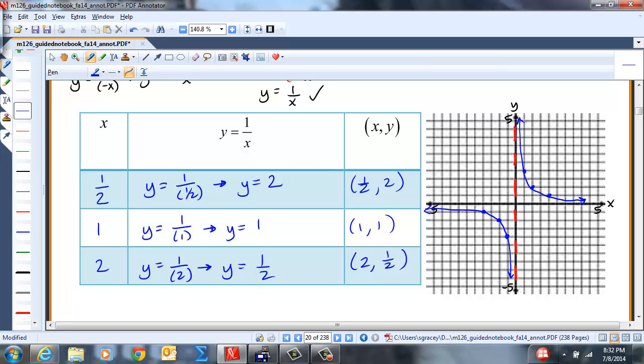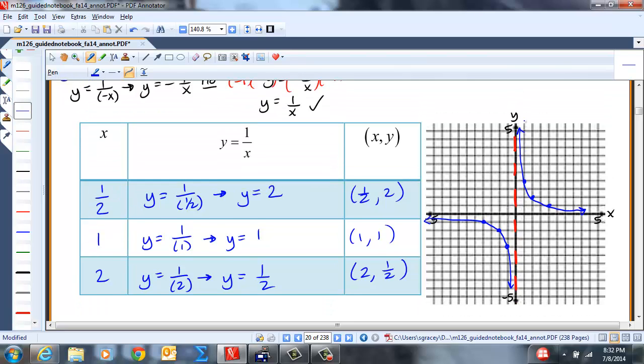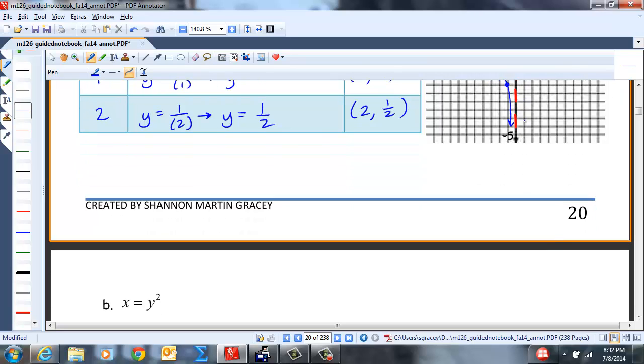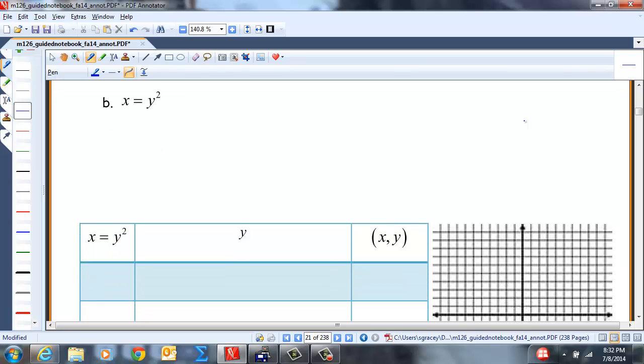Pretty groovy. Okay, and that is, again, a basic graph that you want to know. We'll be talking more about the library of functions when we get to functions, and that's a good one to know.